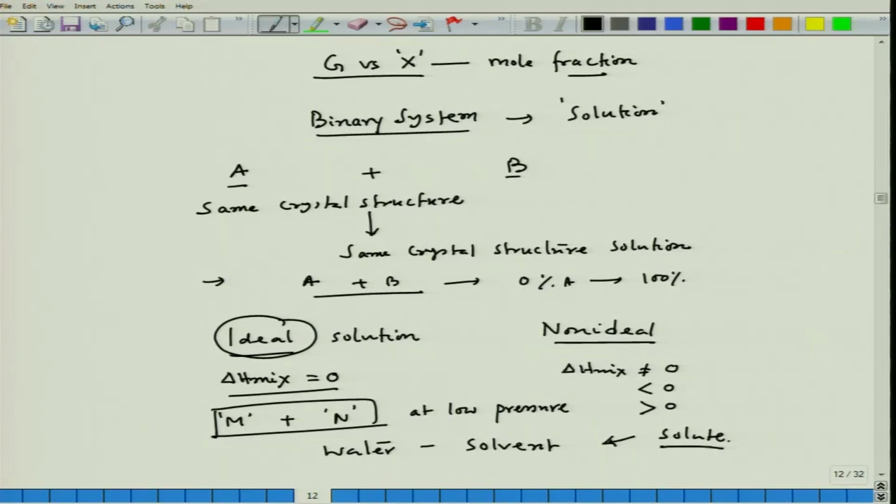If the amount of solute is infinitesimally small, then the interaction between solute atoms or molecules and water molecules would be minimal, and we can consider that negligible interaction. We can say it is an ideal solution, and that is infinite dilution.